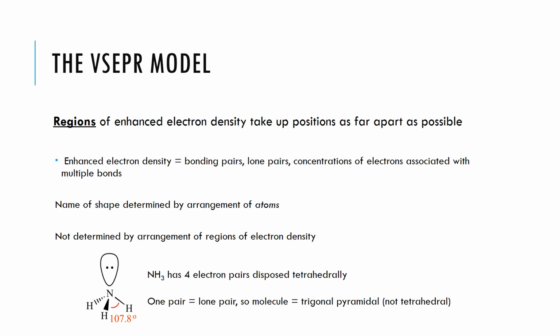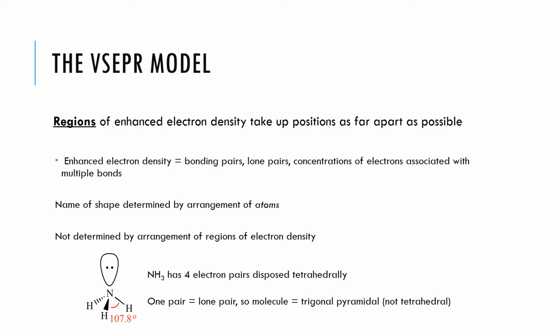Now, the regions of electron density in that molecule are arranged tetrahedrally. We say they are disposed tetrahedrally. But one of those regions of electron density is a lone pair, so it's not bonded, it's not sharing those electrons with another atom. So the shape of the molecule is trigonal pyramidal.